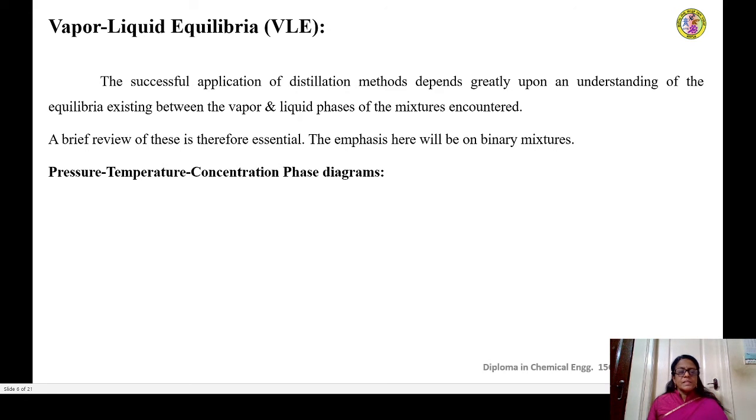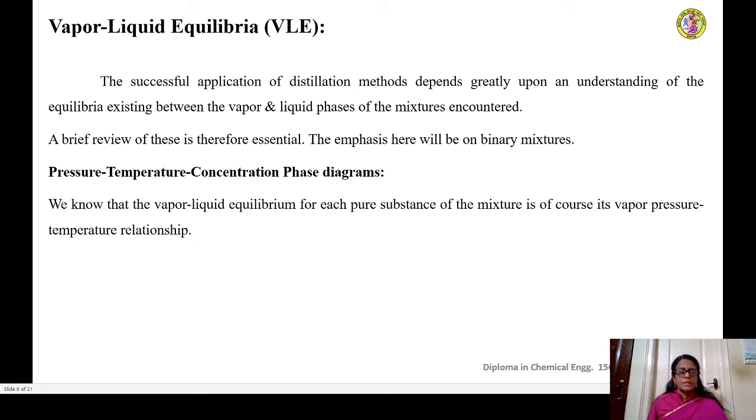We have to learn the general characteristics of these phase diagrams. That means the vapor liquid equilibrium relationship in distillation operation is basically a relationship between the pressure, temperature and concentration. Let us go back to humidification operation, where we learned about vapor liquid equilibrium for each pure substance. In that case, it is of course the relationship between the vapor pressure and temperature.